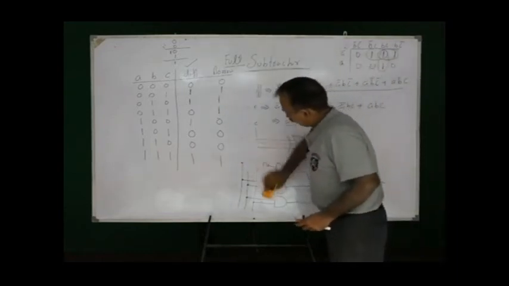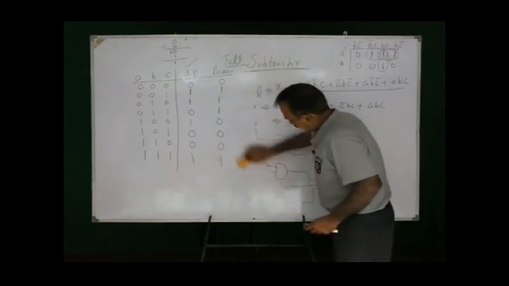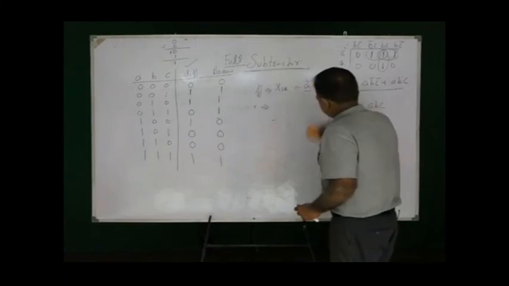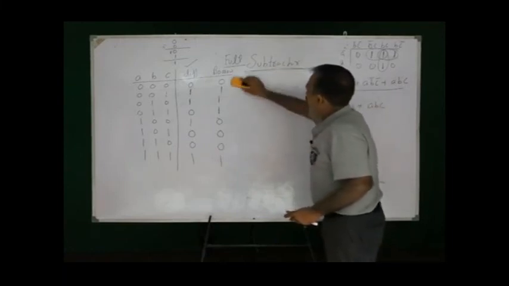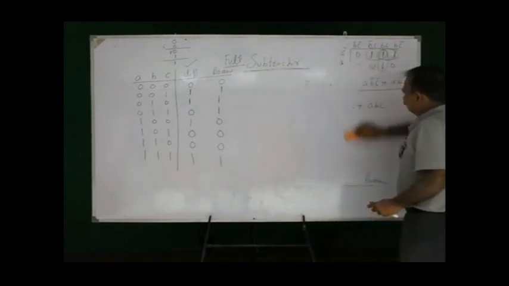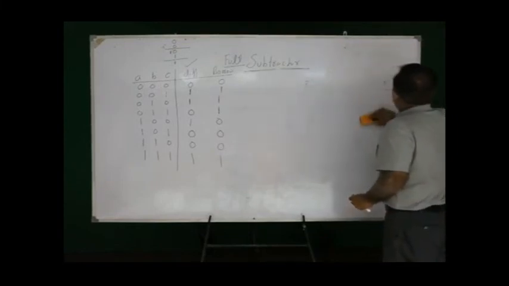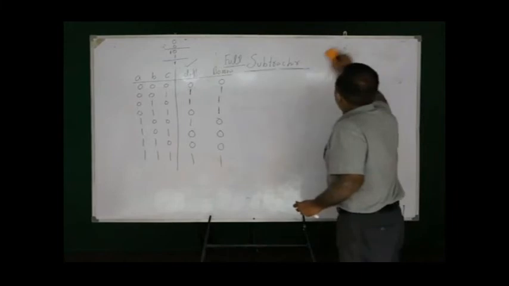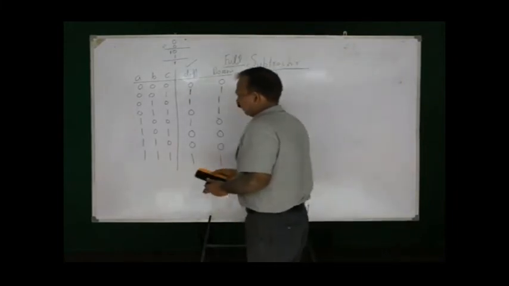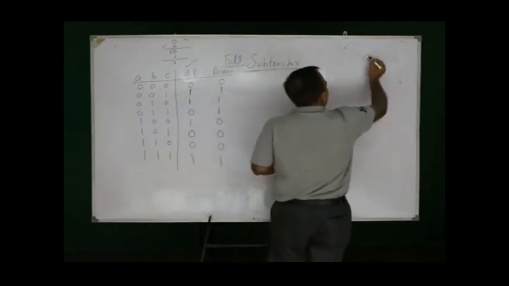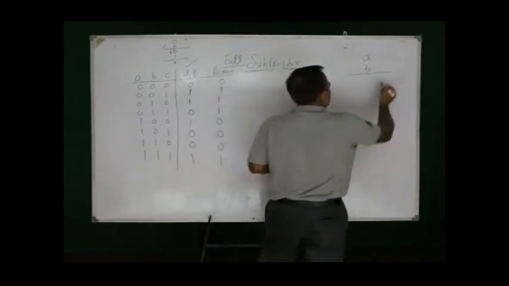Now we can think that we are implementing the expression a minus b minus c, right. Can we have half subtractor for implementing these circuits? Yes, we can, and for that we will be performing the operation a minus b.